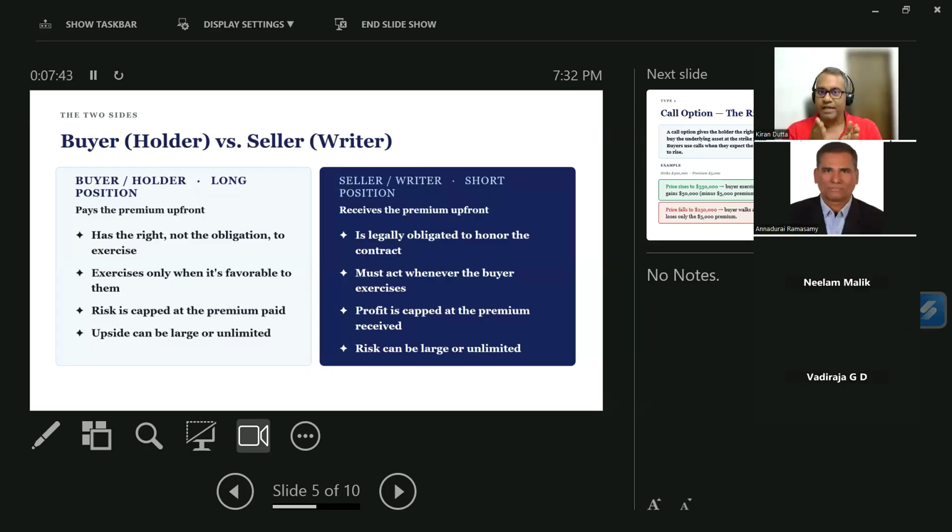Primarily, 35 lakhs minus the 1 lakh premium that he has received, so 34 lakhs. So primarily what is happening is, in the case of the seller, the loss is unlimited. Of course, the contract did not get honored, but in that case the loss is unlimited. Got it, guys?